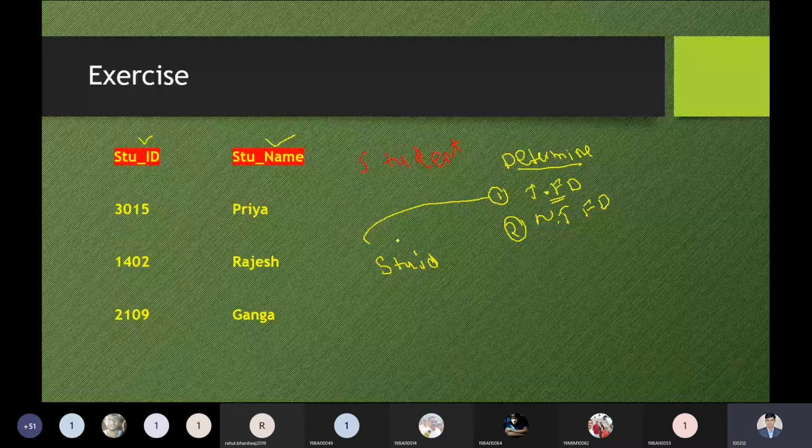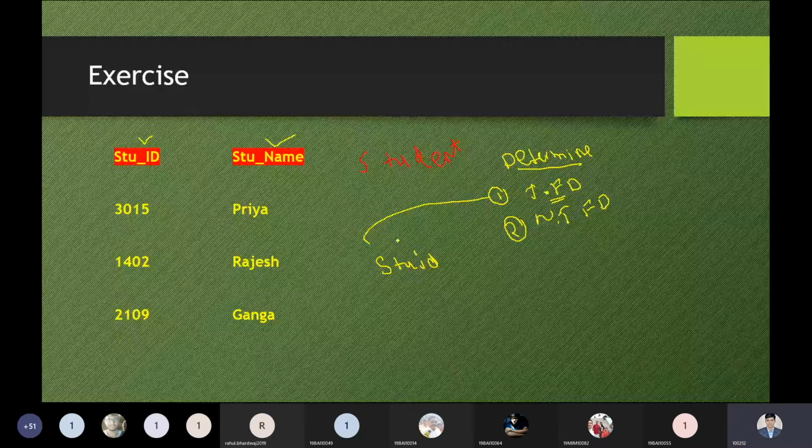As we have seen, student ID determines student name. Student name depends on student ID, but are we going to call it a trivial functional dependency? Is it the correct answer?